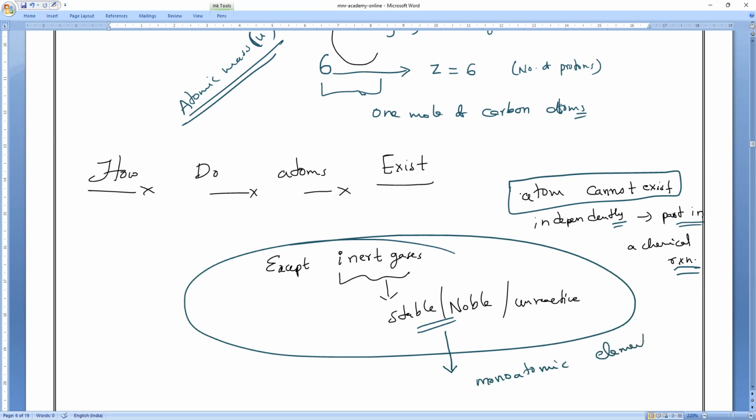The elements which do not involve in chemical reactions and exist independently are called monoatomic elements. Inert gases can also be called monoatomic elements because they are unreactive gases.